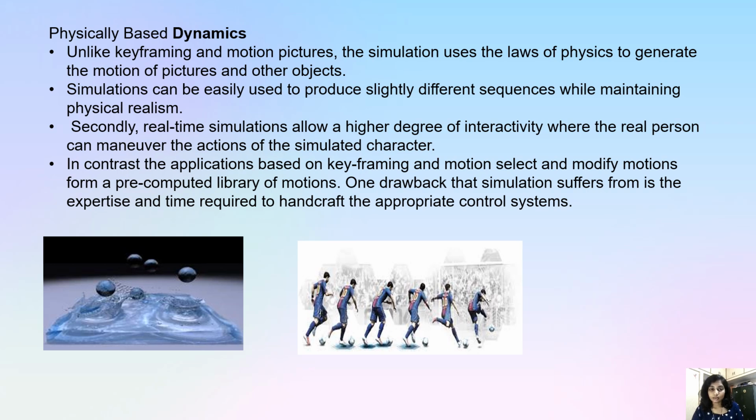Secondly, real-time simulation allows a higher degree of interactivity, where a real person can maneuver the actions of the simulated character. In contrast, applications based on keyframing and motion capture select and modify motions from a pre-computed library of motions. One drawback that simulation suffers is the expertise and time required to handcraft the appropriate control systems.